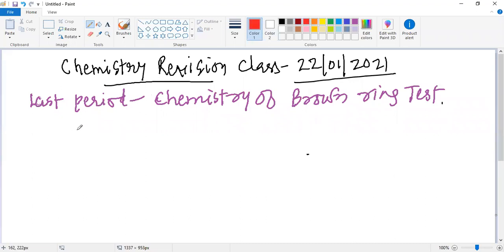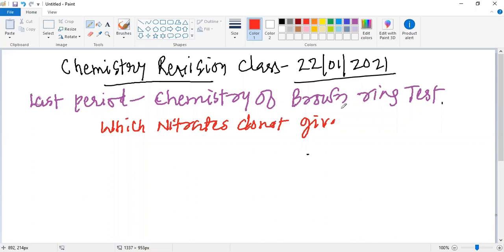So first we should know which type of nitrates do not give brown ring test or brown ring.